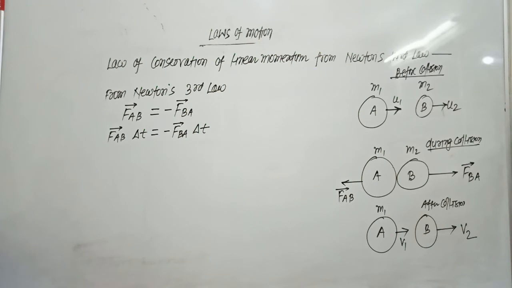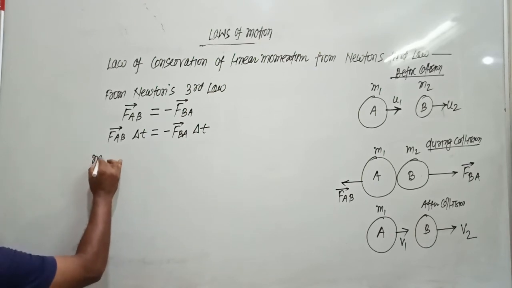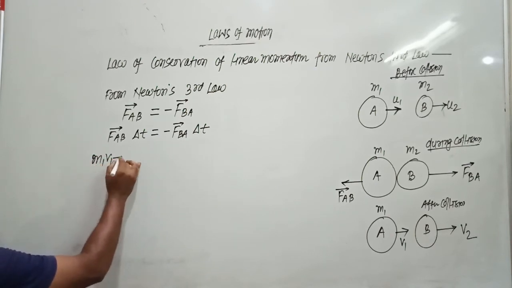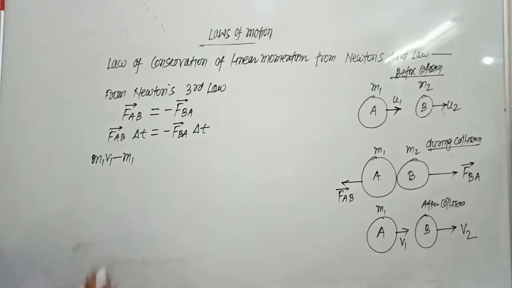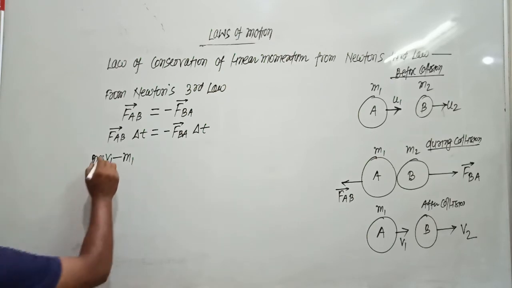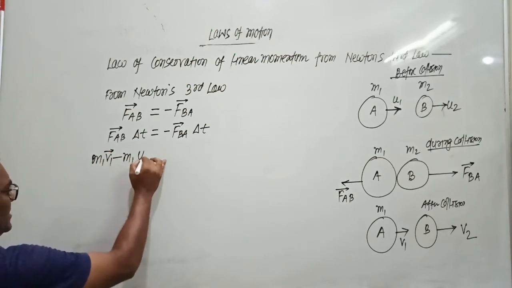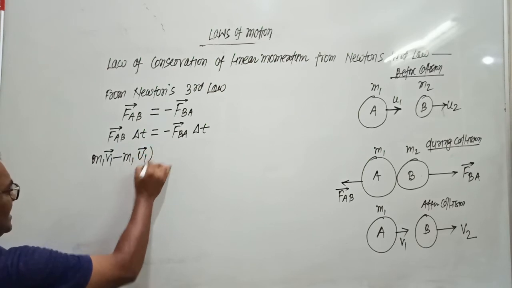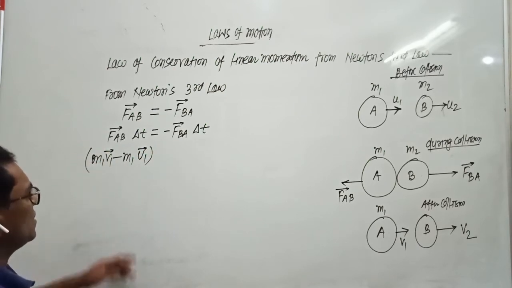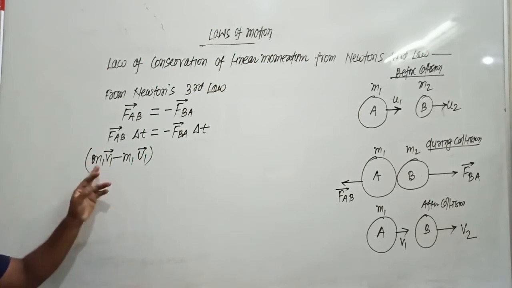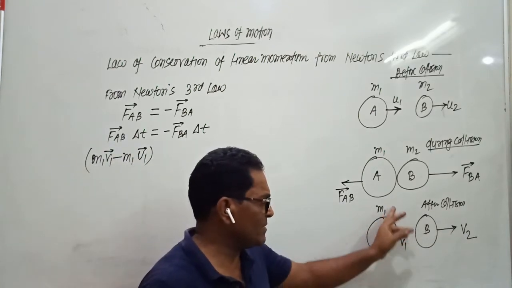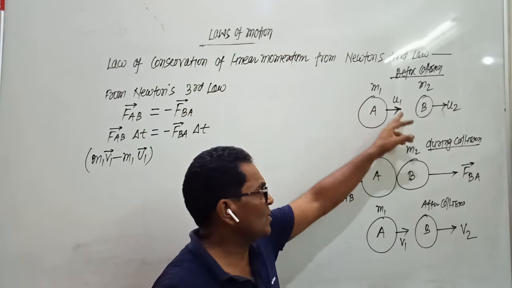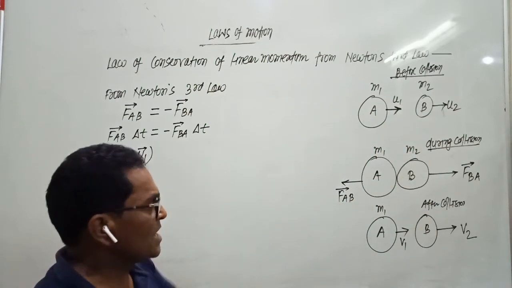Change in linear momentum means m1 v1 minus m1 u1, the change in linear momentum of body of mass m1. This is the final momentum after collision, m1 v1, and before collision the momentum of body A is m1 u1.